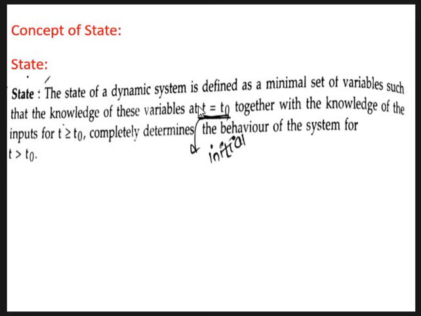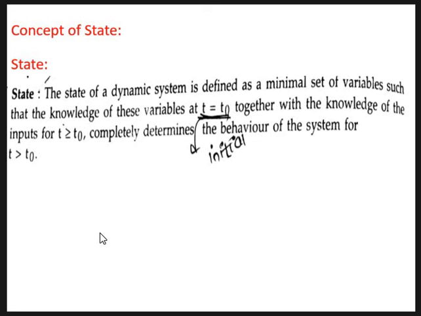The state of a dynamic system is defined as a minimal set of variables such that the knowledge of these variables at t equal to t0, together with the knowledge of the inputs for t greater than or equal to t0, completely determines the behavior of the system for t greater than t0.